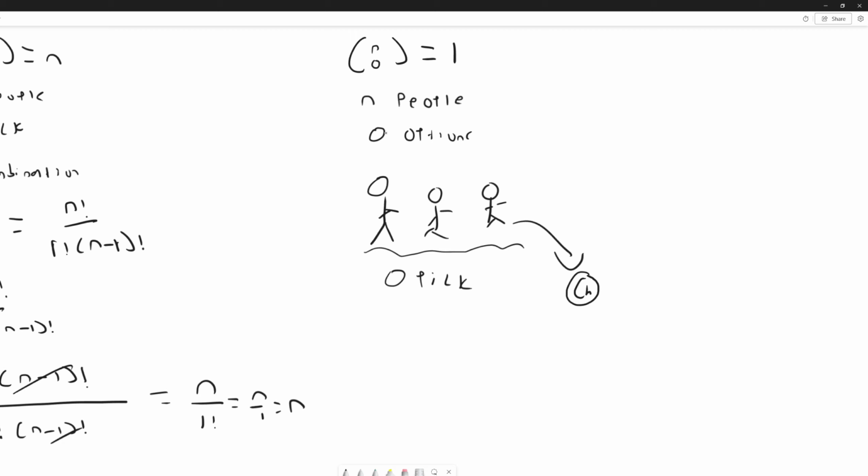So therefore, the answer would just be 1, because although you didn't pick anyone, there's still a team there. There's still one possibility. There's one combination, and that combination is the empty one. So there's one team, and this team is empty, because none of the players were good enough to go on the team. Does that make sense? I think that should make sense.